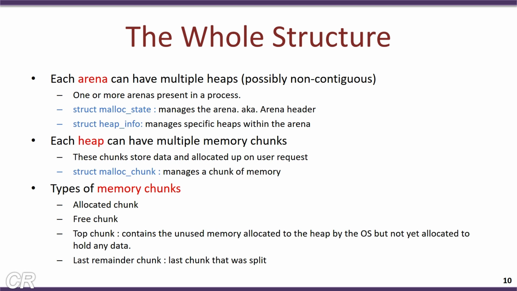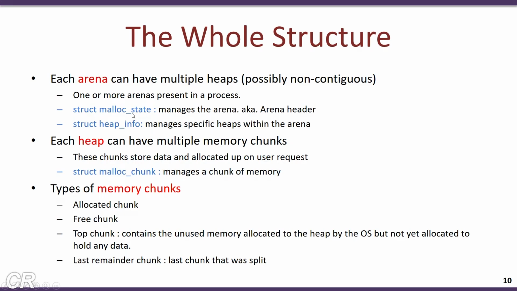Further, each arena can have multiple heaps. Each of these heaps could be possibly non-contiguous. And if you look at the PTMalloc2 code, you would see that there are two structures present.